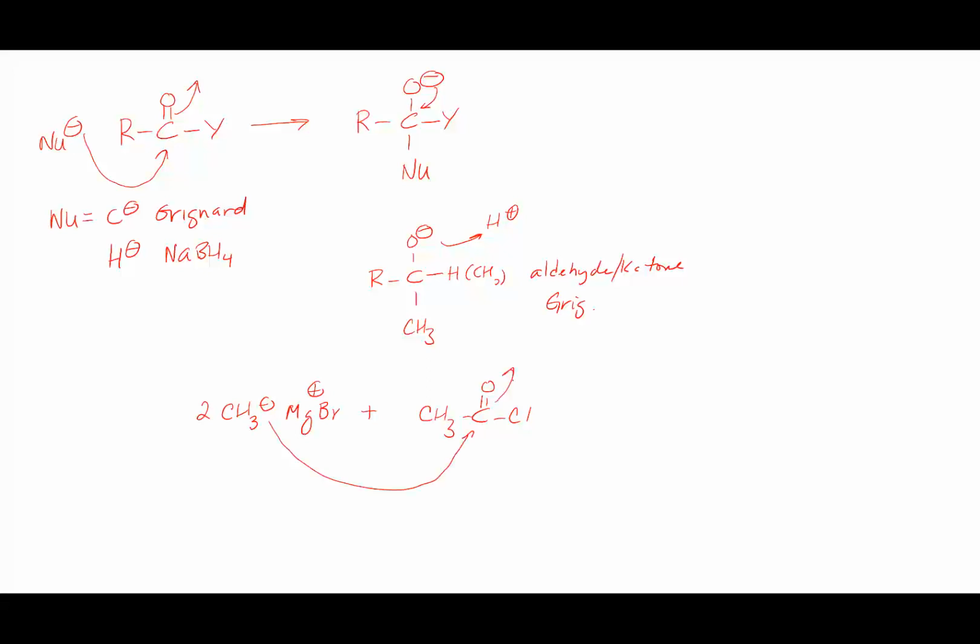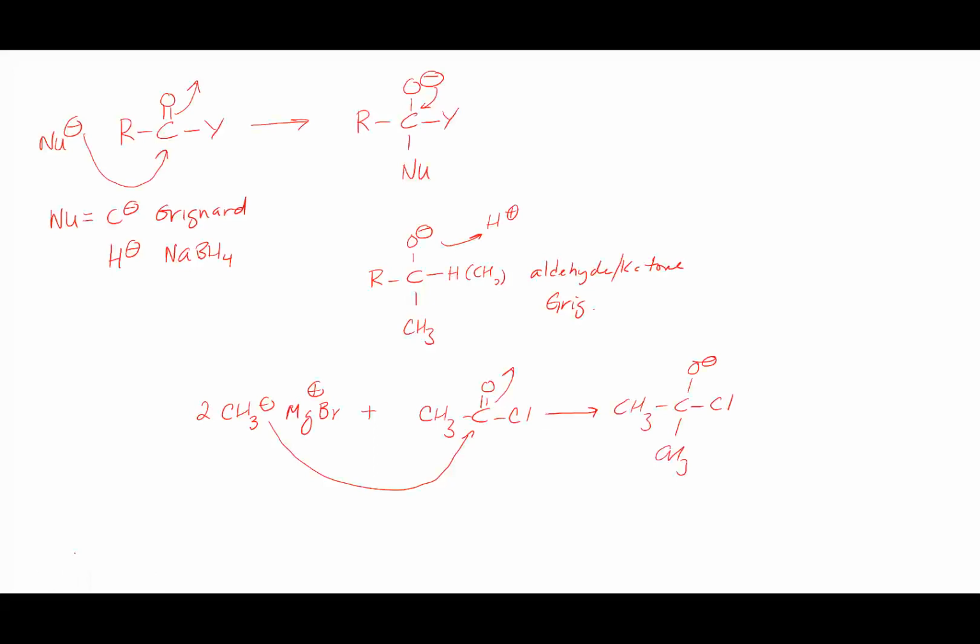CH3 comes in, adds to the carbonyl. We ended up with an O minus. The system tries to bring the pair of electrons back down to form a double bond. Can it? Yes. Because what's going to leave? The chloride's going to leave.